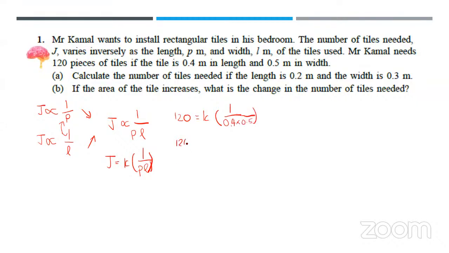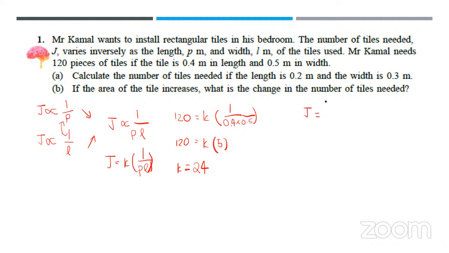So when we simplify that, we get 120 is equal to K multiplied by 1 over 0.2, which is 5. So now we have the value of K, our constant, is equal to 120 divided by 5, which is 24. So now we have our value of K, and we can substitute that into our equation.